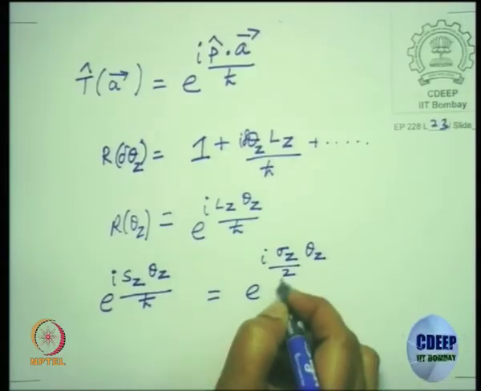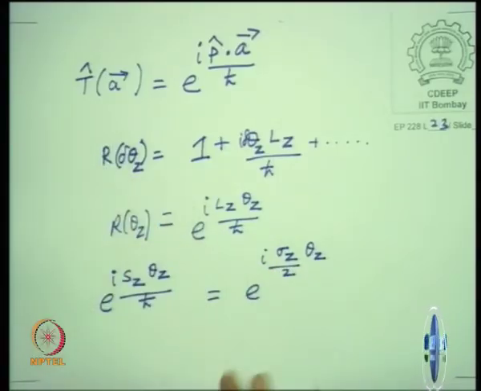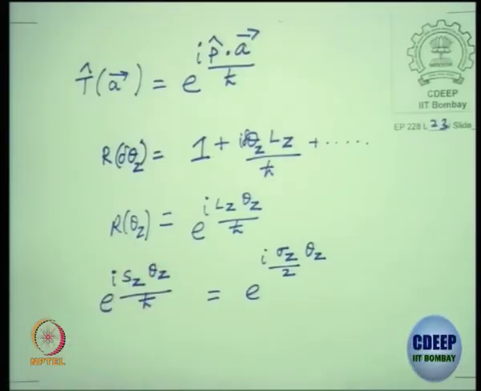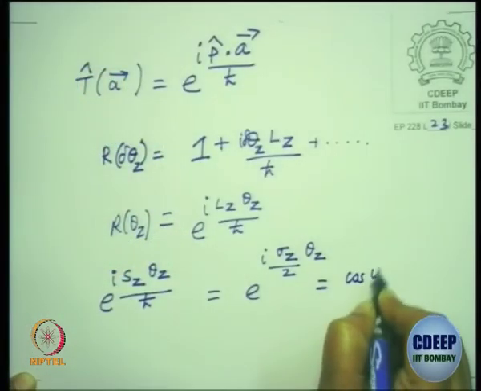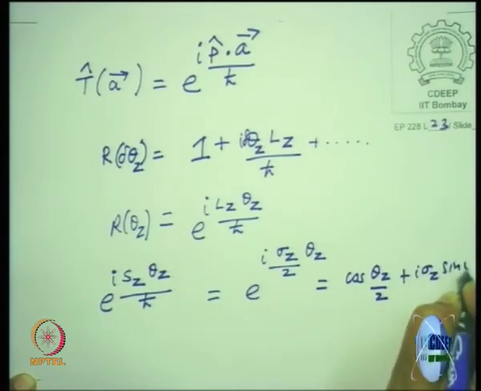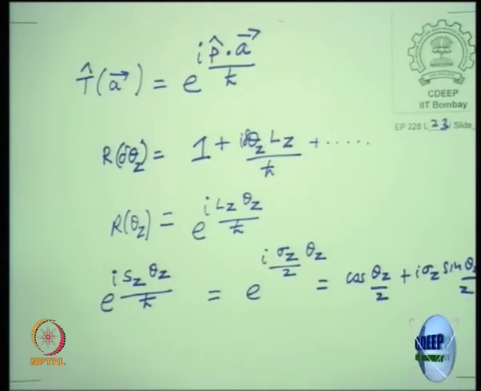And the by 2 comes because of the explicit representation of the spin operator, where the eigenvalues are plus or minus half h cross. That's why this comes. So if I want to write what this is, I have to write it as cos of theta z by 2 plus i sigma z sine of theta z by 2, because of this factor of two. So all these Pauli matrices show up in rotation in the internal space, and you have to be familiar with it.